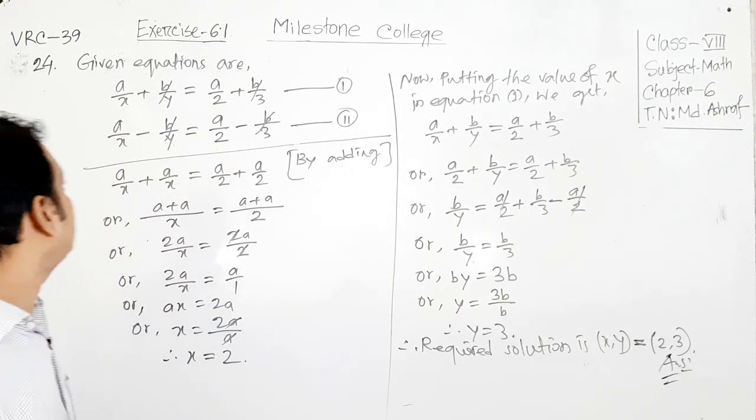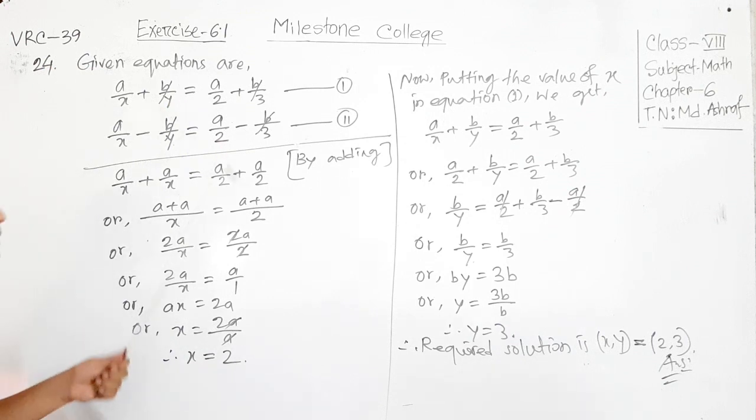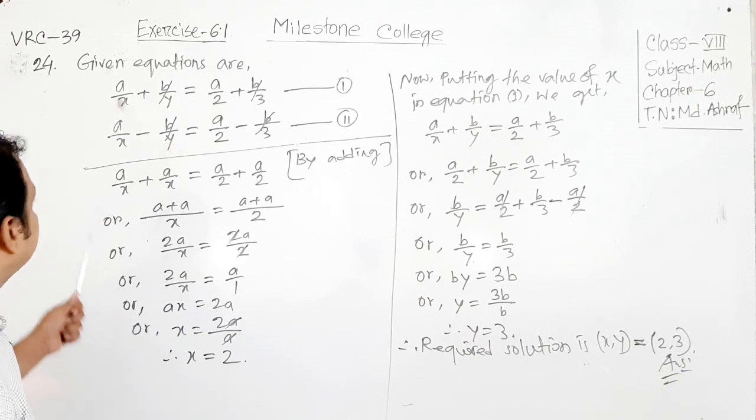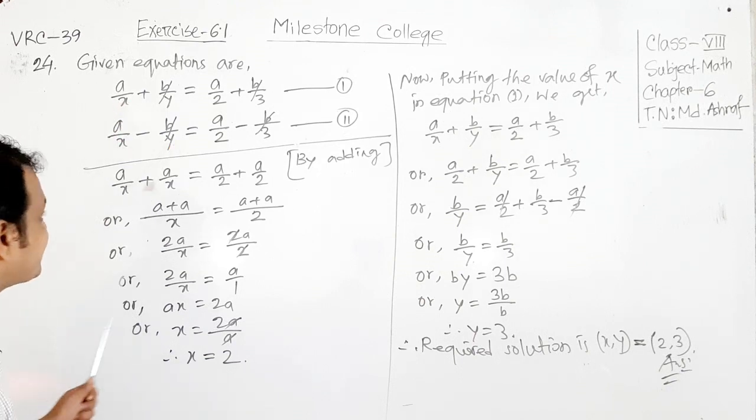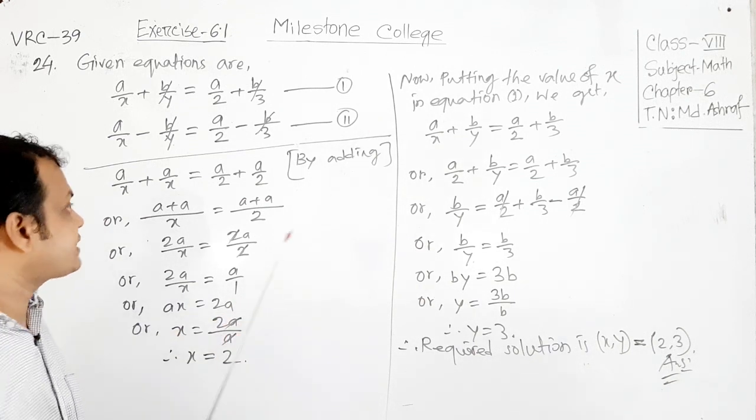The same thing that we followed for question number 21, it's almost the same. We eliminated the y related term, then we got one variable x, and after solving we got the value of x is 2. Then put the value of x in equation 1.